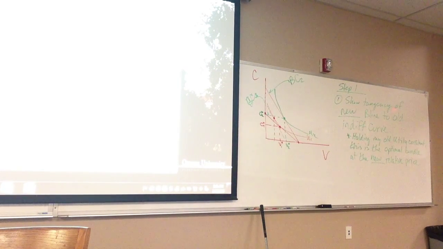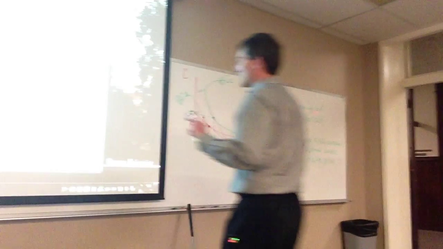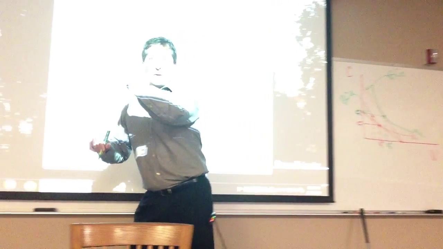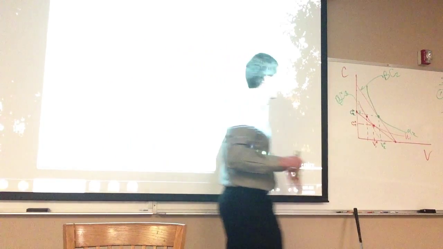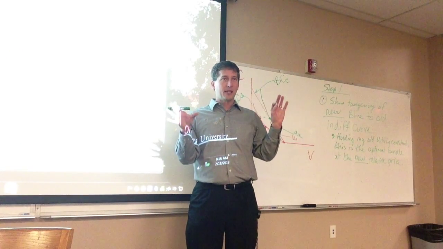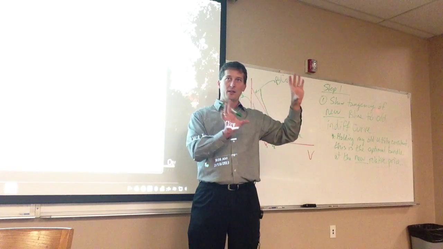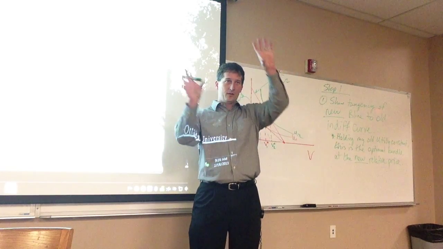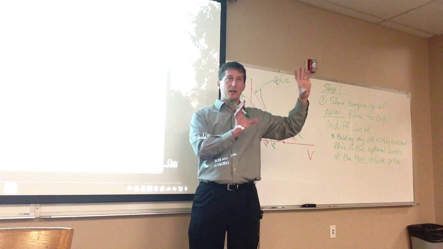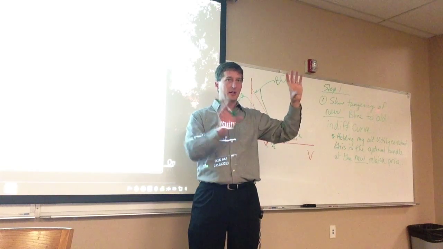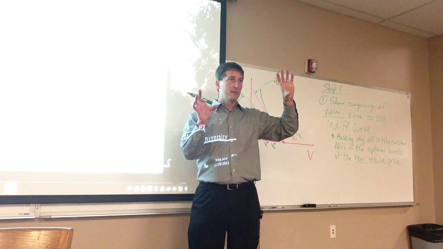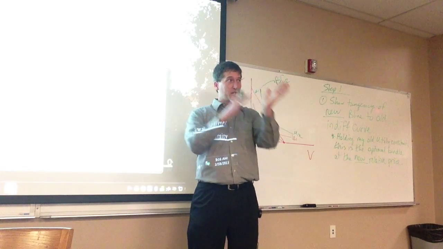So that amount that you did the fake shift with, the dashed shift, does that represent income in theory, if it's a parallel shift? How does a change in income shift the budget line? Parallel or twisted? Parallel.